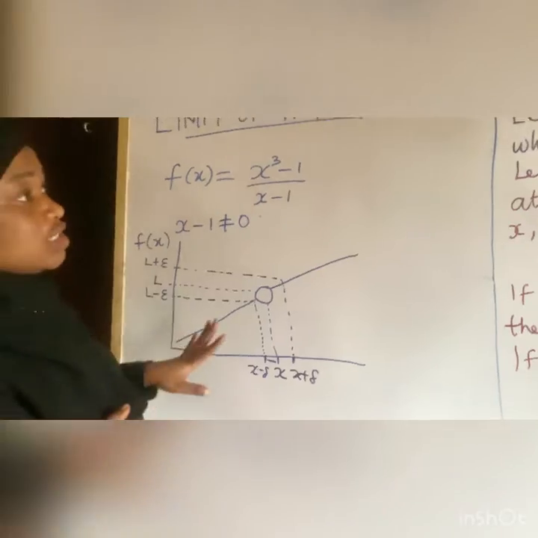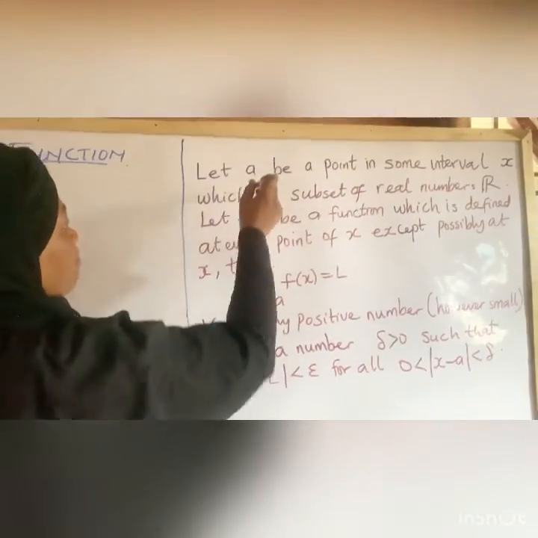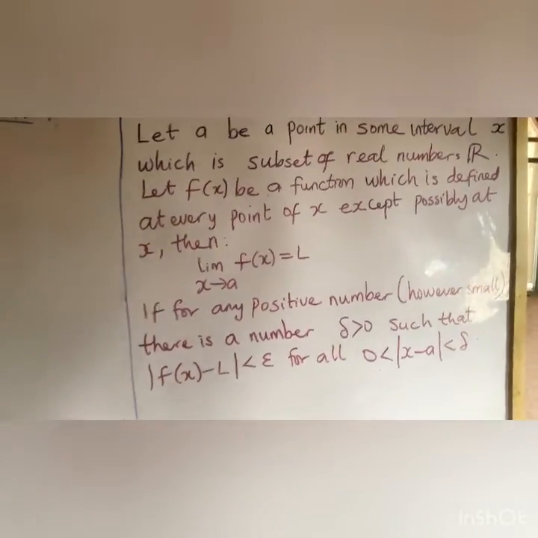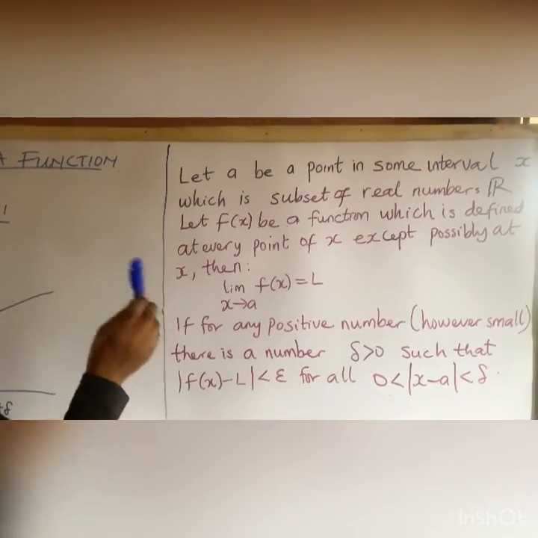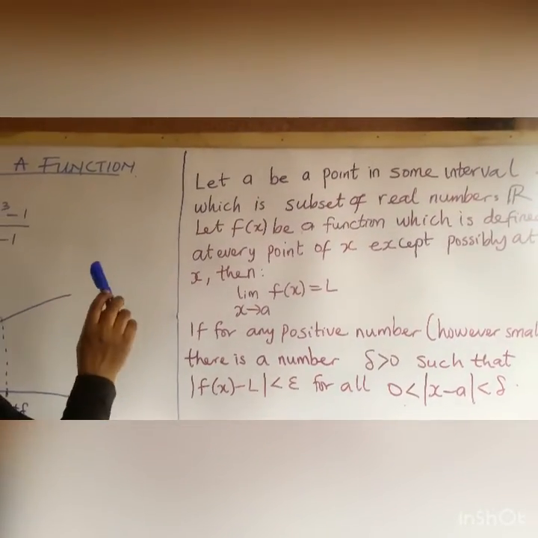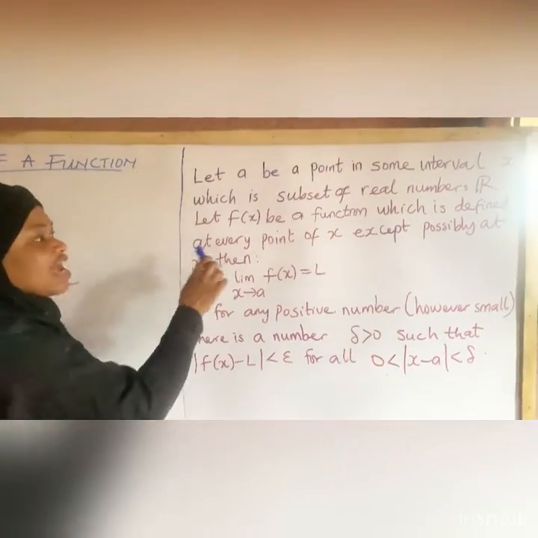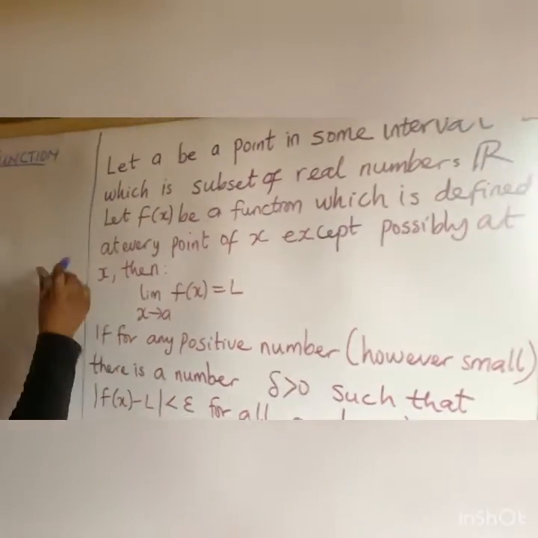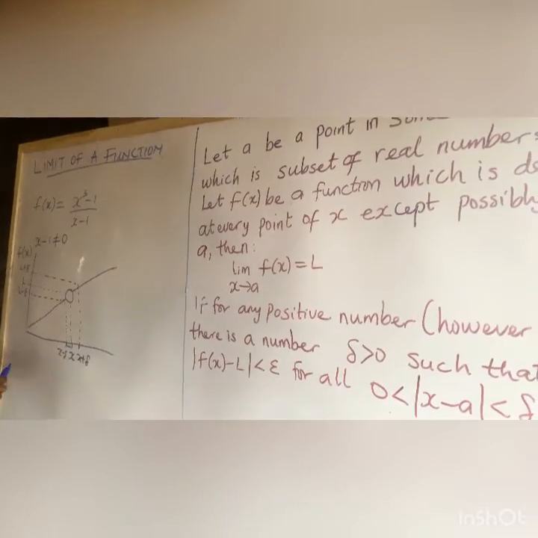So let's now define it mathematically. Let A be a point in some interval x, that is the input, which is a subset of the real numbers. Let f of x be a function which is defined at every point of x except possibly at A. It's not defined at A, like this one.